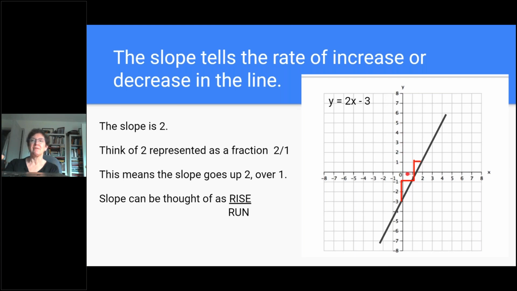How many weeks would this need to be? You could figure that out by using the slope, and it would tell you how many weeks it would take to save $100. So this is an example of how slope is used to represent real situations.